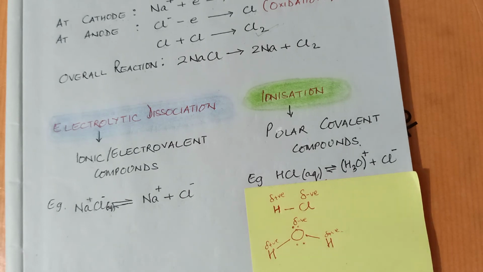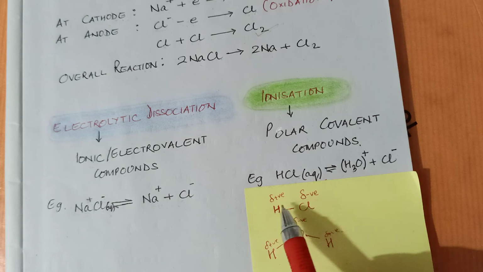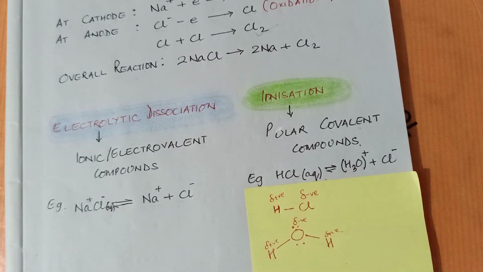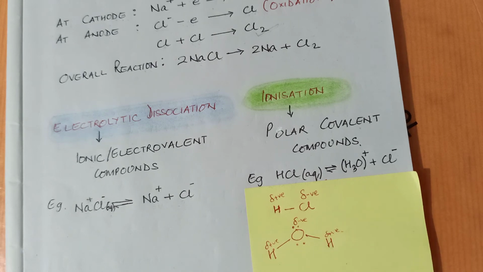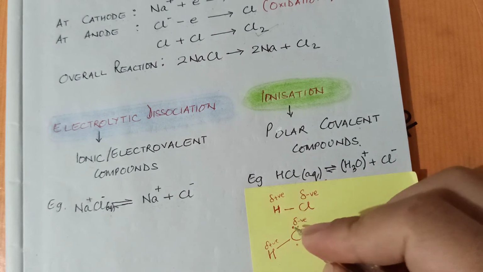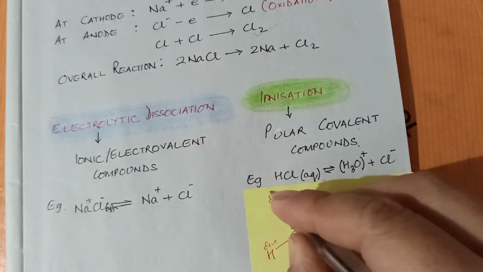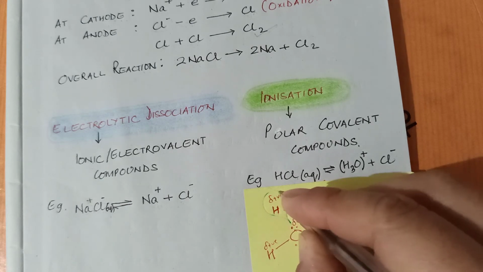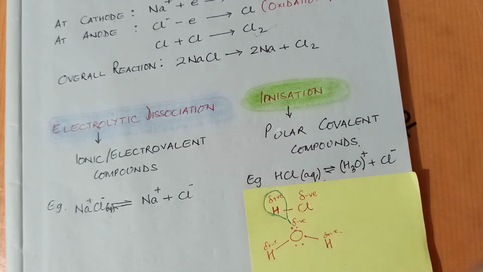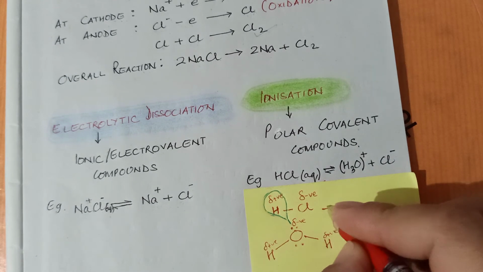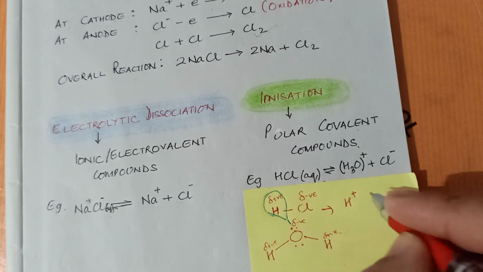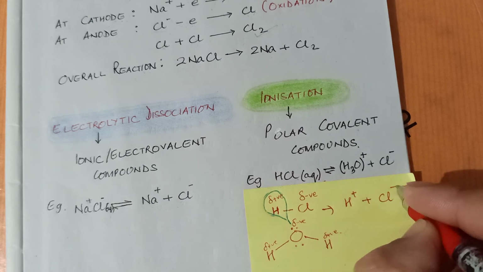Now these poles of water attract the opposite poles of hydrogen chloride towards each other. This oxygen will attract hydrogen, as a result of which it will form H plus and chloride ion.